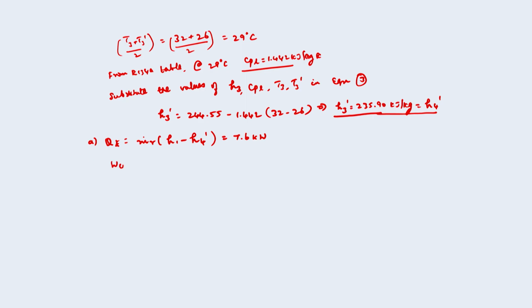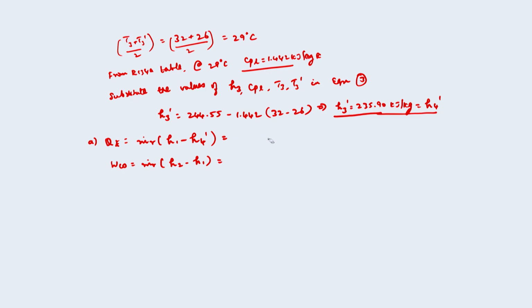And work of compression: the compression process is from 1 to 2, so m dot r into H2 minus H1. Let me write the values, because the H1, H2 values are from the previous lecture.